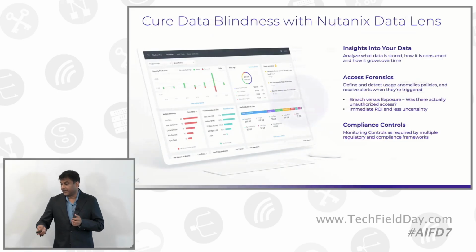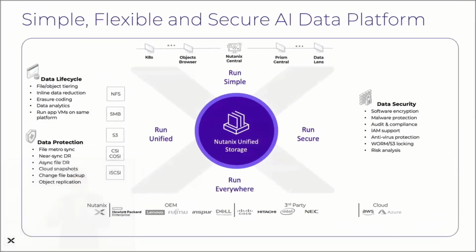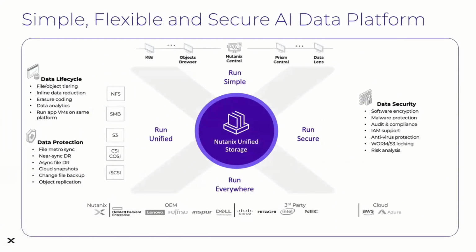And this is my last slide, which brings all of this together on the storage side, the four pillars that we have built the platform on. Run it simple, which is having a single turnkey enterprise AI platform for all the data and the applications that you build. Run it secure, with some of the capabilities that I just talked about in terms of data lens and data at rest, data in flight, and data in use security.